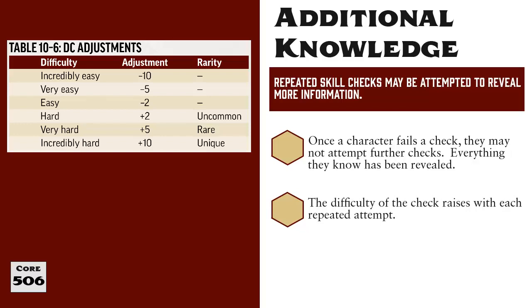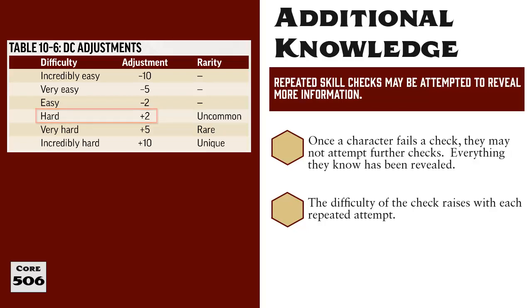So, for example, if you succeed your first check against the regular DC, you learn the monster's name and the most commonly known piece of information about it. If you spend another action, this becomes a hard check, increases the DC by 2, and if successful, the GM provides the next most commonly known piece of information.